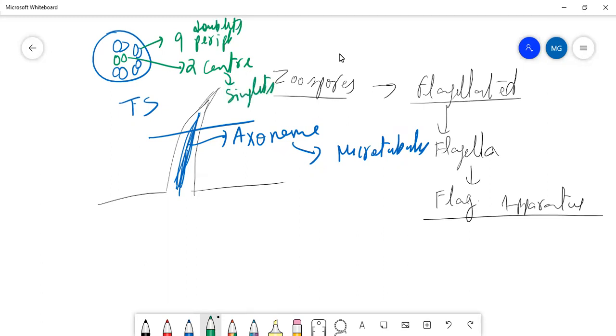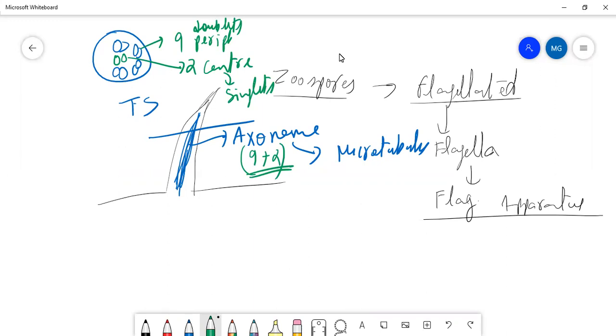In the center 2 we have singlets, and that is why we call this arrangement as what? ये जो axoneme है, this is an arrangement of 9 plus 2 microtubules. My friends and countrymen, 9 doublets which are the periphery and 2 complete microtubules in the center.